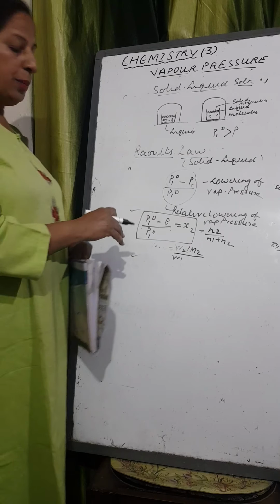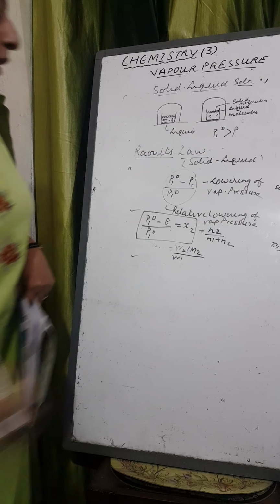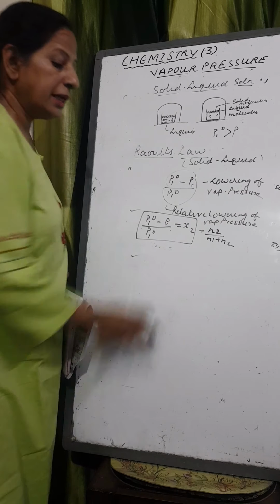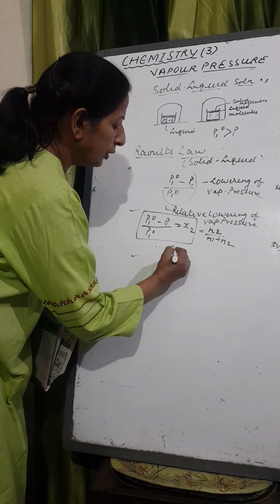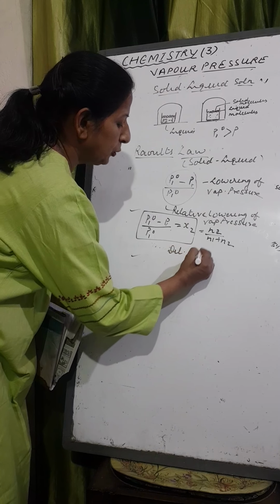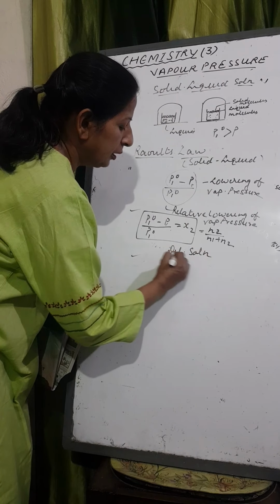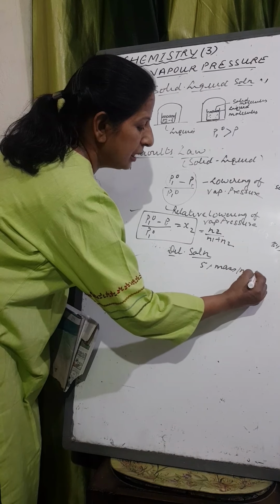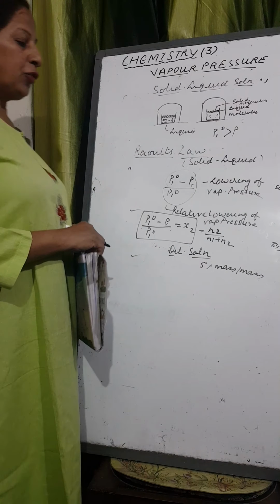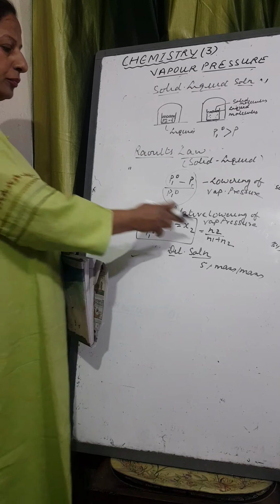Whichever laws we'll be studying in this chapter, they are all applicable to dilute solutions. A dilute solution is one whose concentration is up to 5% mass by mass. If it is more than this, that will be a concentrated solution.